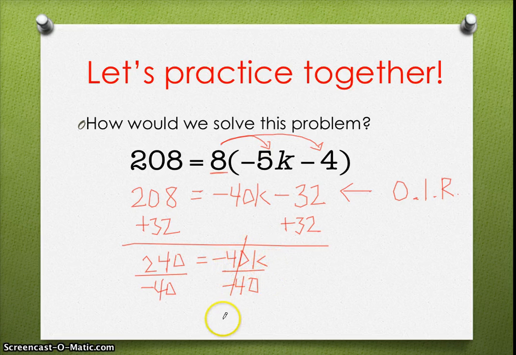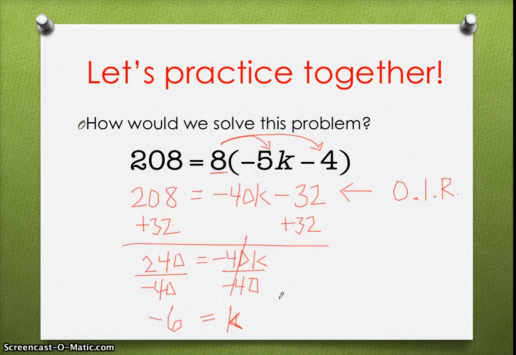Negative 40 times k is going to leave me with k, because the expression negative 40 over negative 40 is just 1. 1 times any expression is going to be itself, so it's going to be k. And then 240 divided by negative 40 is going to give me a negative 6. So the answer to this problem is k equals negative 6.